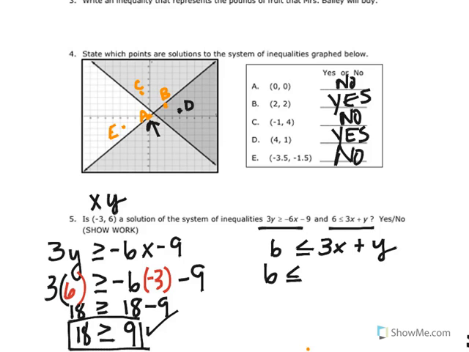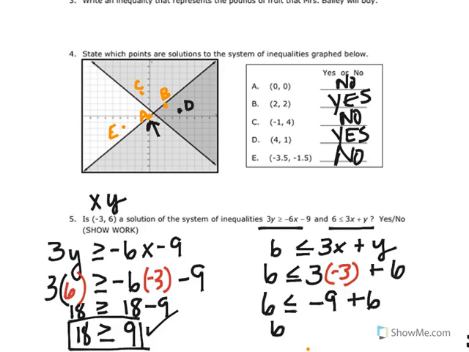6 is less than or equal to 3, and instead of x, we're going to put negative 3 plus y, which is 6. So let's look here. We have 6 is less than or equal to, and we have 3 times negative 3 is negative 9 plus 6.